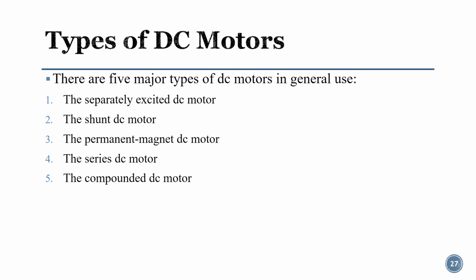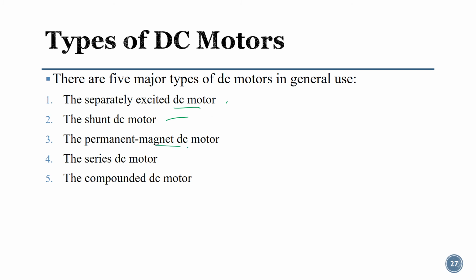As explained earlier at the start of this lecture, we have different kinds of DC motors, and we categorize them mainly based on how we feed the field coils and the armature coils. If you have a separately excited DC motor, you separately excite your field coil and armature coil. Shunt, parallel, you excite both of them in parallel.